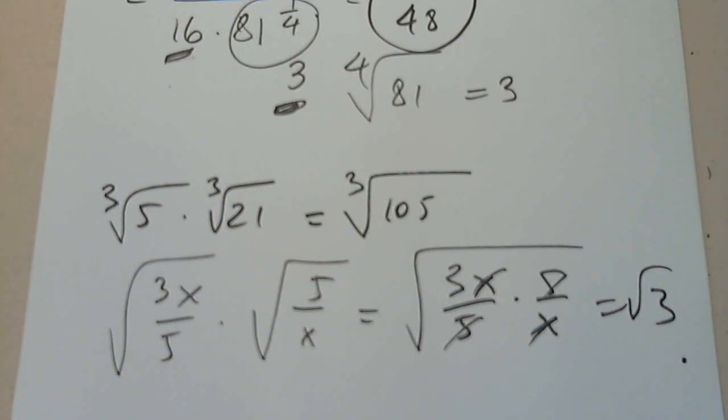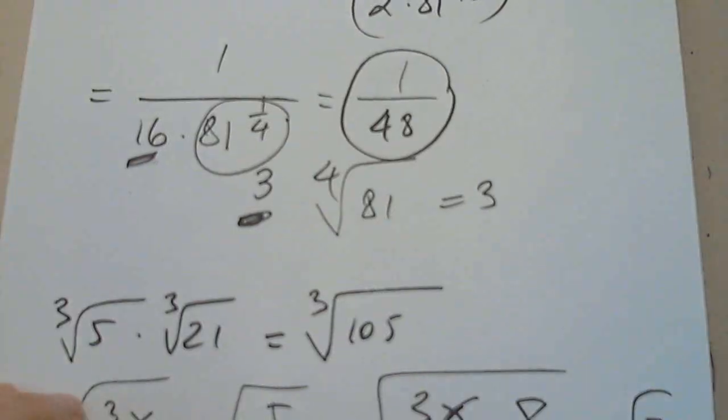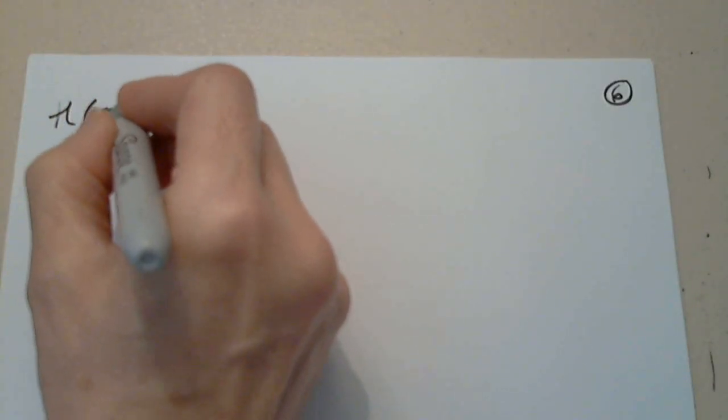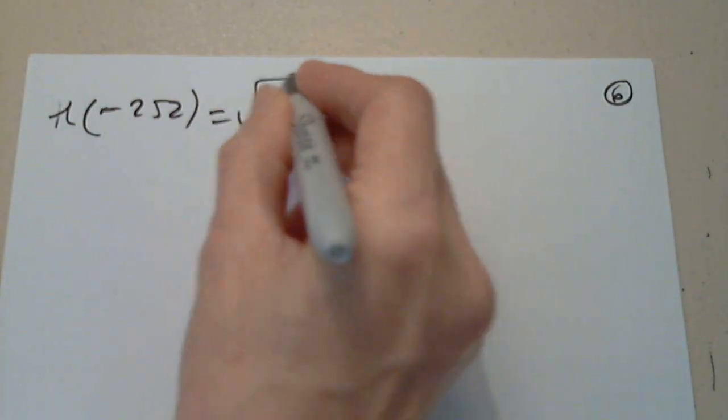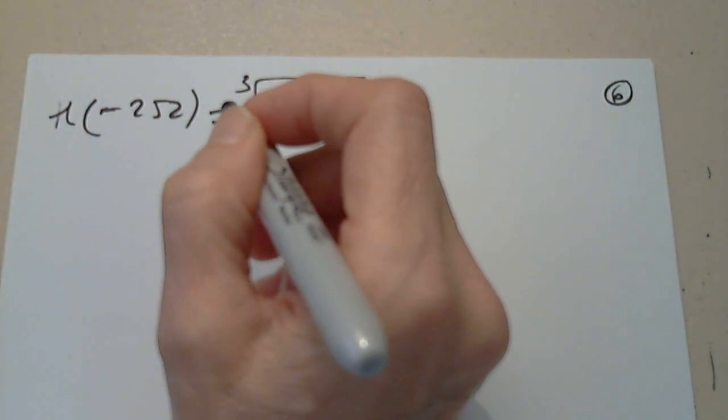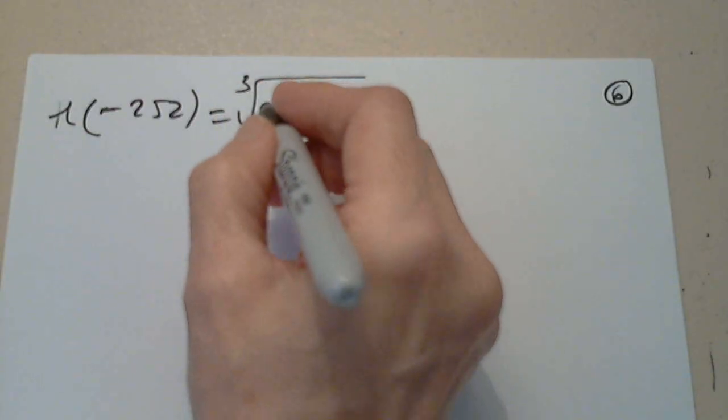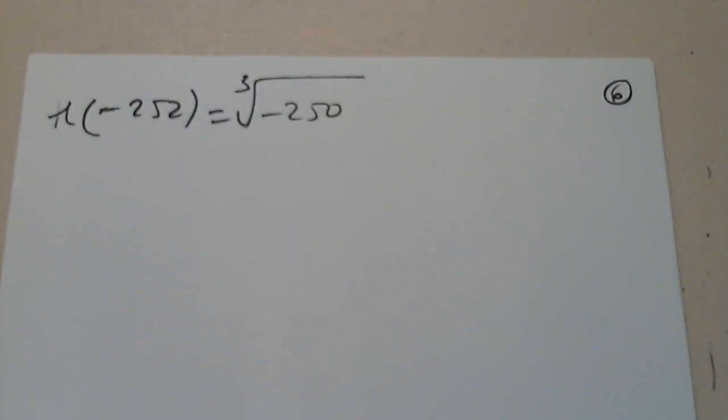And the -252, I have no clue. I have to work on this because I don't know what this number is. So this one I will write in my notes. So this is page 6. So the cube root of -252 plus 2 is -250.